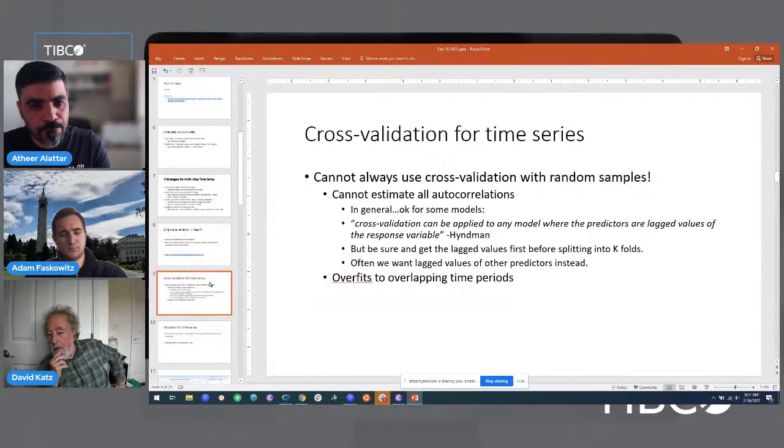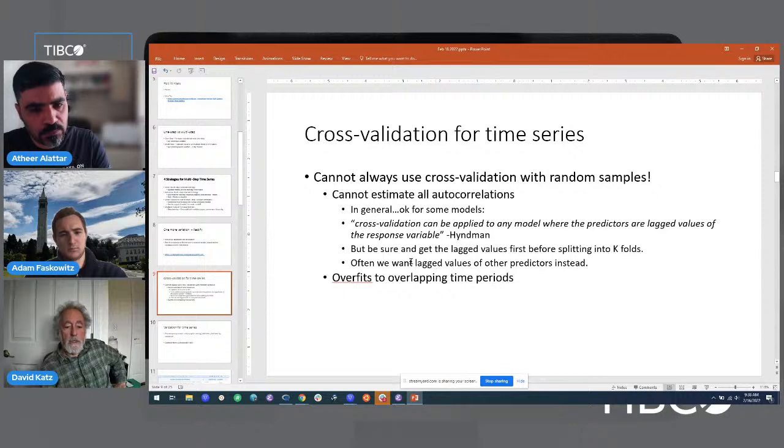So cross-validation. Probably most of the audience is familiar with the concept in regression, but it's not obvious how to use cross-validation with time series. You can use Hyndman's method whenever the predictors are lagged values of the response.